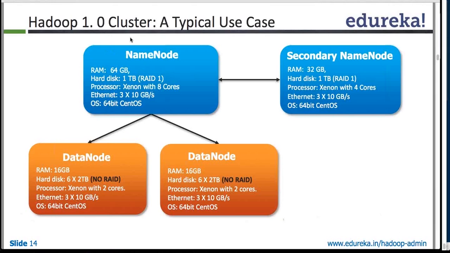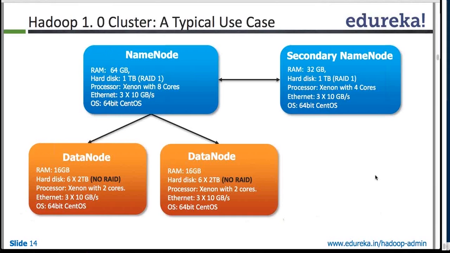So let's take the case of name node. What will be the size of my cluster? How will I decide how big my cluster can be? It is decided by the memory on the name node. Right? Absolutely correct. You got that concept, right? We have discussed this.